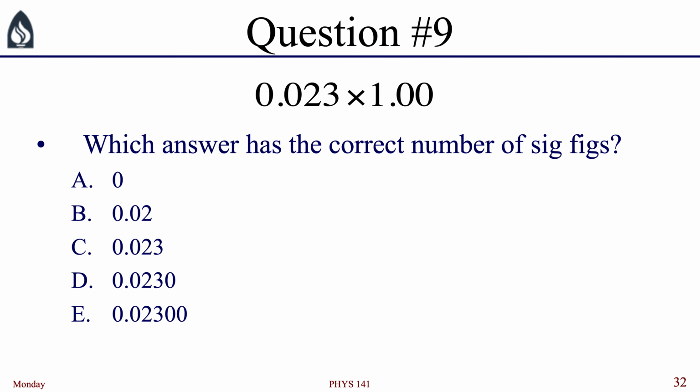Now, one question that students always ask me when we get to this point in the class is, am I going to have to write down answers that always have correct significant digits on tests and quizzes? And my answer to that is, if the question specifies that you must write your answer with the correct number of significant digits, then yes, that's something you need to worry about.